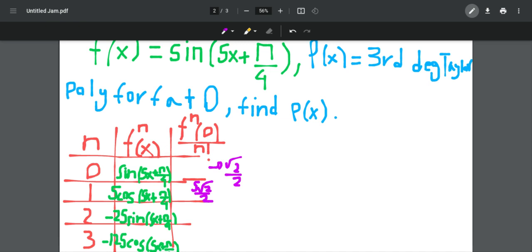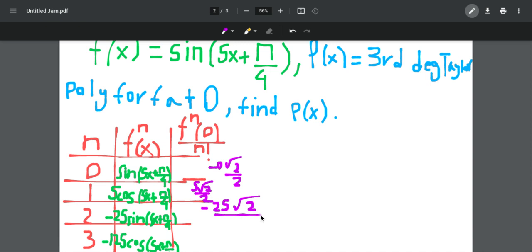For the third row, when we plug in 0, we get sine of pi over 4, again square root of 2 over 2, times negative 25. So here, actually, we get negative 25, and then square root of 2.